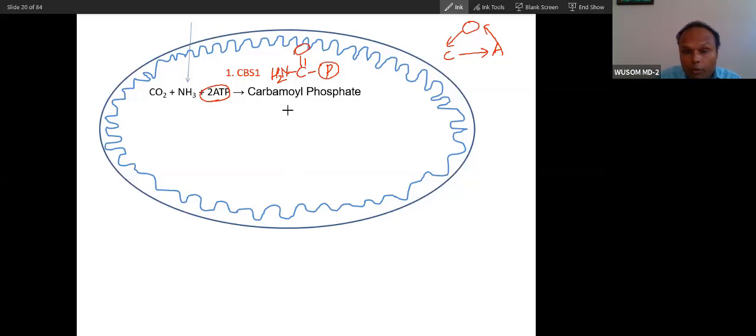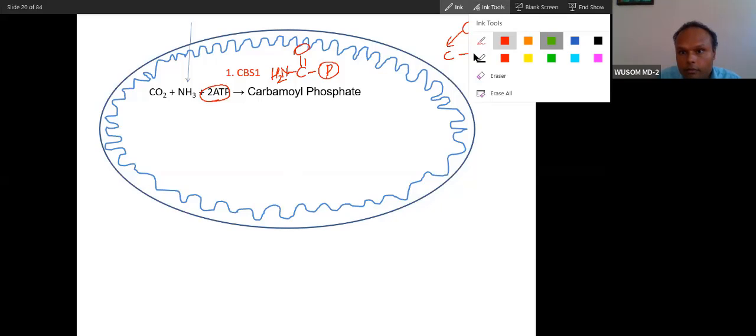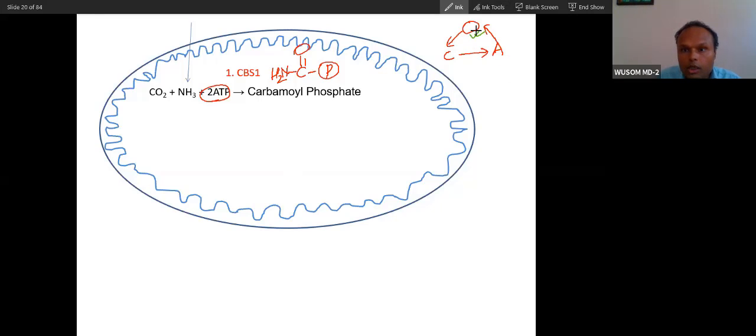So this carbamoyl phosphate will add to ornithine here. I told you two steps will be there. So carbamoyl phosphate will add to this, and this becomes citrulline. Can you see this becomes citrulline? So this is the first step, synthesis of this, and this is the second step.